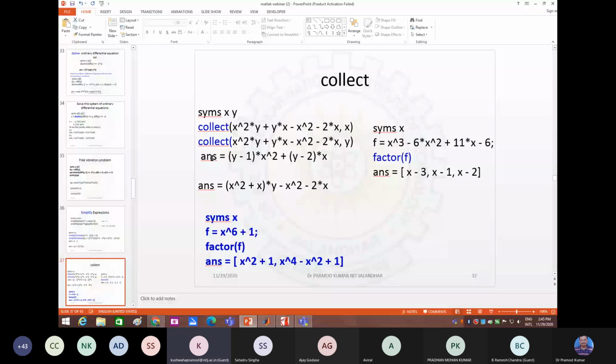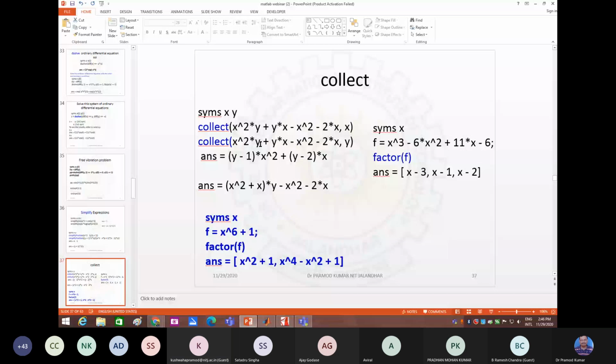Then the answer is this one: y minus 1 times x square plus y minus 2x. x has been collected at one place. Similarly, here x square y, we will see when we formulate a mathematical model. Then we will see the advantage of all this.